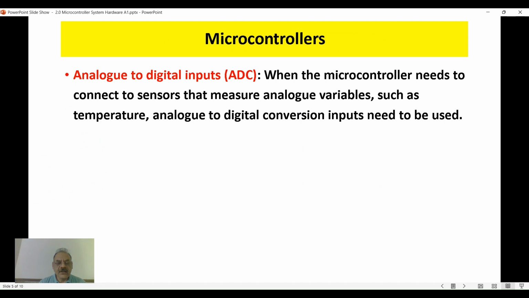These are analog inputs like temperature sensors. The temperature sensor, the light sensor, the movement sensor, all these sensors have digital or analog inputs, and they are converted into digital so that the microcontroller can process them, and vice versa. The digital inputs can be converted into analog.